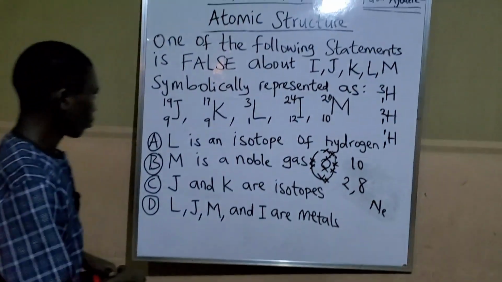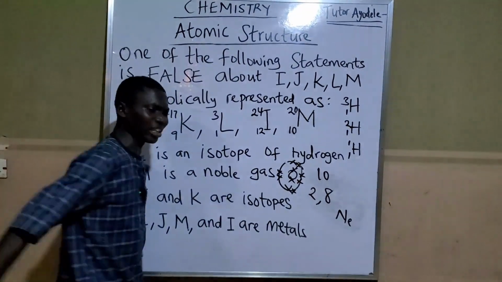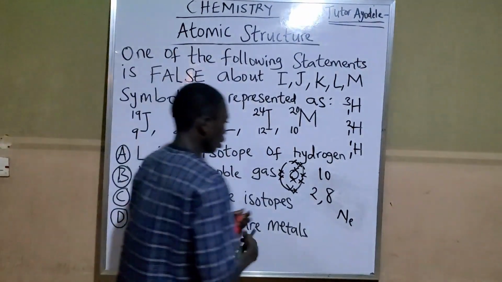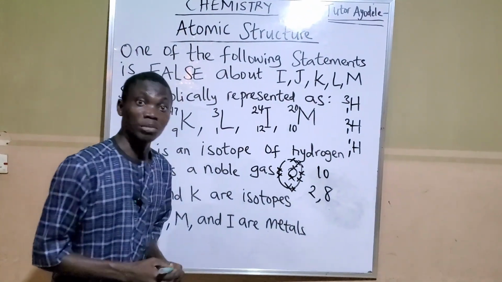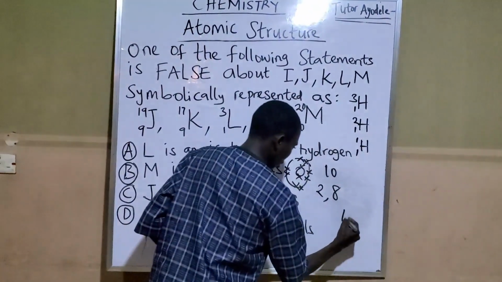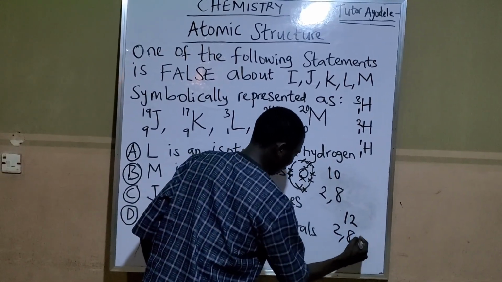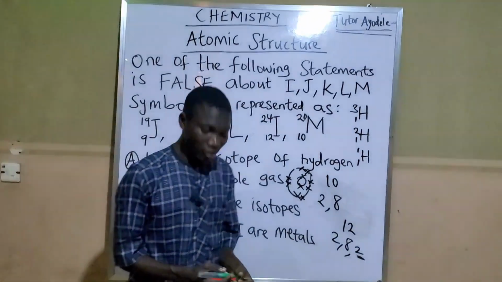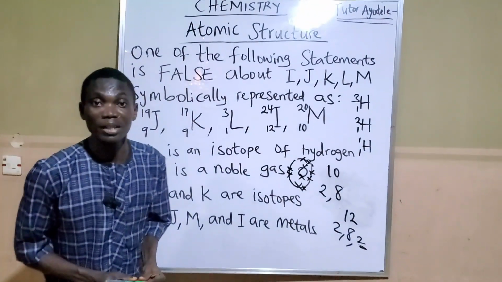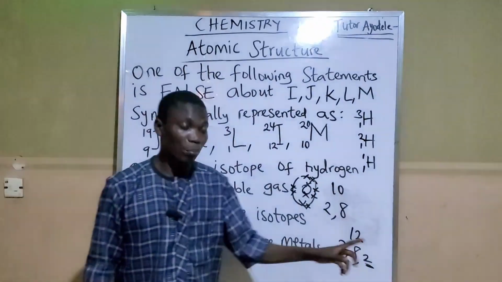This is I. Is I a metal? Which element has atomic number of 12? That is magnesium. Is magnesium a metal? Magnesium is a metal. For 12, the first orbital takes 2, the second one takes 8, the last one takes 2. It's a group 2 element. Group 1, group 2, group 3 elements are metals.